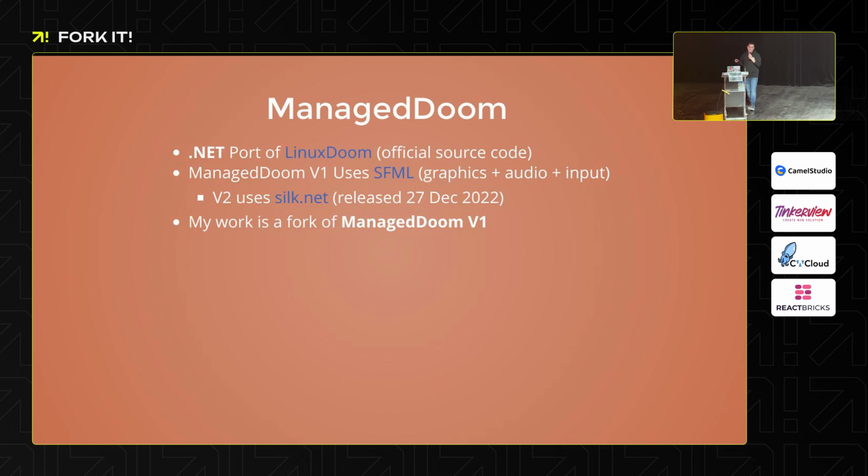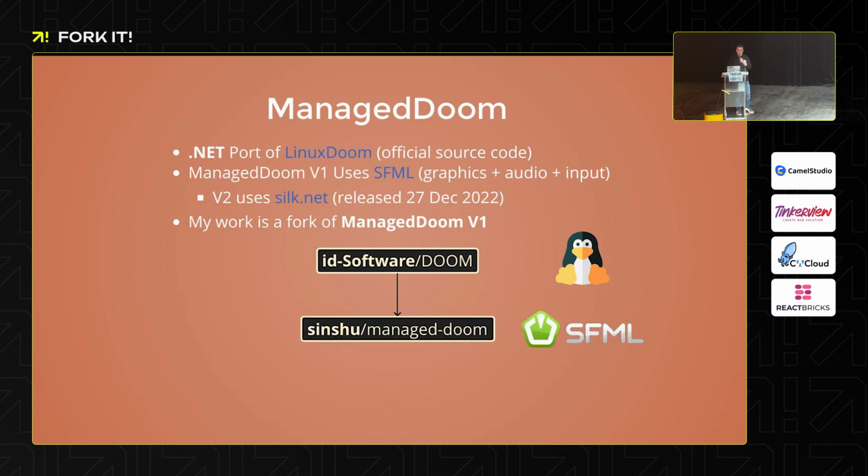So what I did for my project, I didn't start from the C source code of Doom. I started from an already existing port of Doom. So id Software released the source code of Doom in C, and then a GitHub user called Sinshu released a port of Doom in C# that runs only on desktops, which is called Managed Doom.